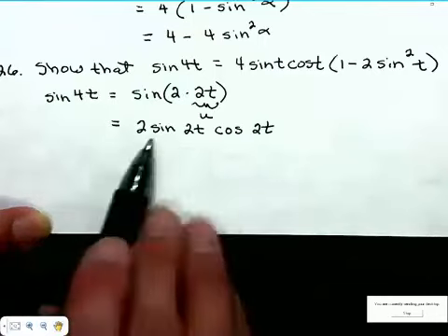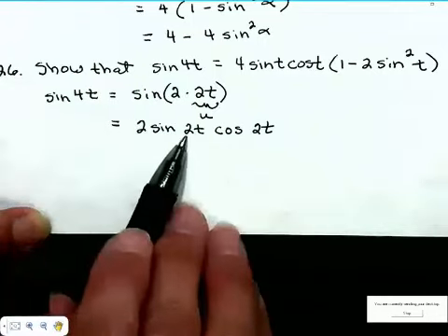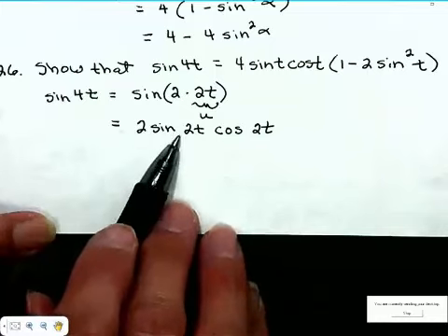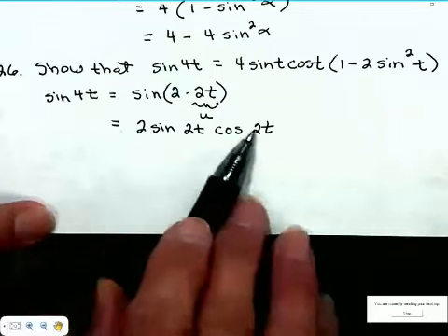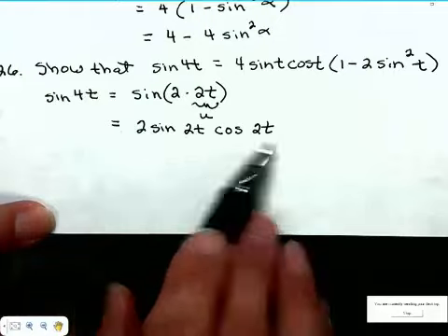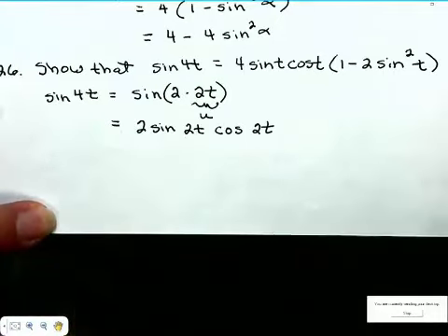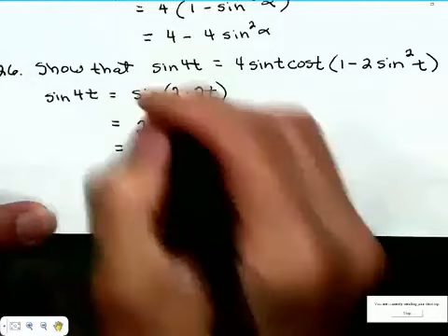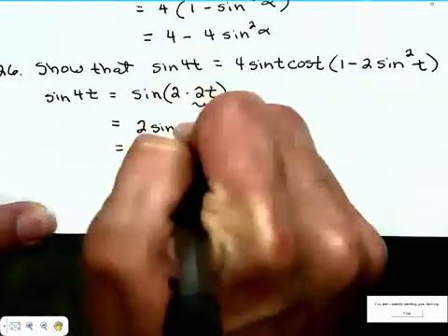And then I have that same expression here, the sine of 2t. I can put 2 sine t cosine t in place of that, and I'll have to look at my formulas for cosine of 2t. Sine of 2t is 2 sine t cosine t.